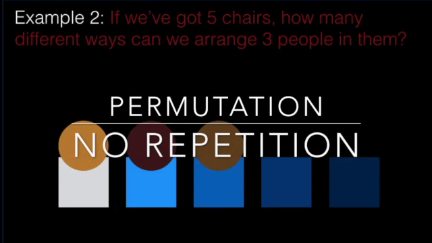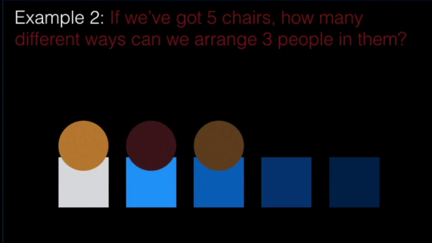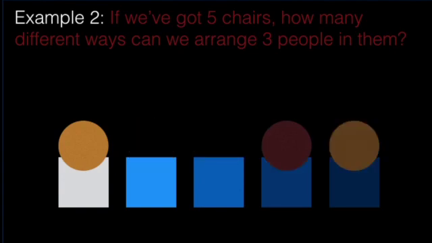When we're arranging people in chairs, it's not that we're taking 1 chair and 1 person. I can move 2 of these guys around and leave 1 of them steady like this. Move, move, move. That first guy sat in that first chair through a few different arrangements of people, okay? So it's not as simple as just saying 5 times 3, because choosing 1 person in 1 chair itself has multiple options associated with it.